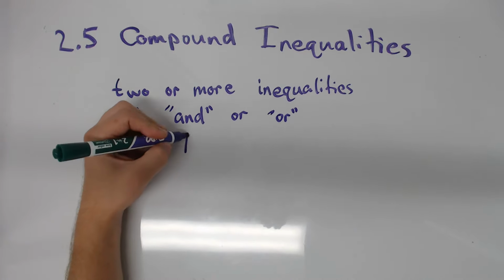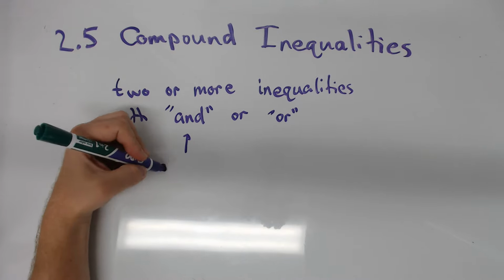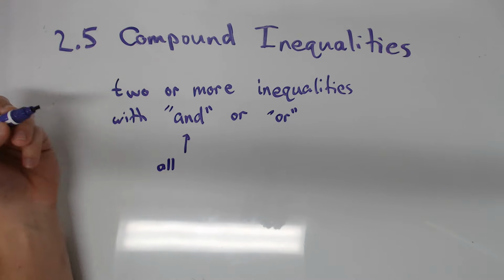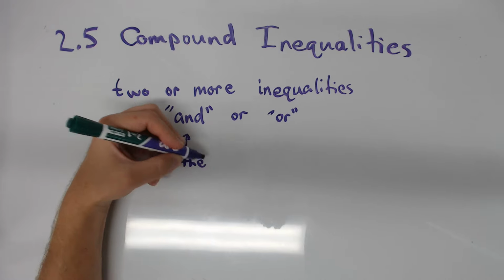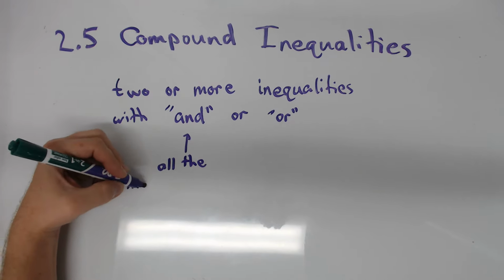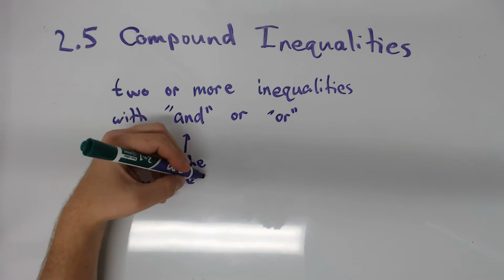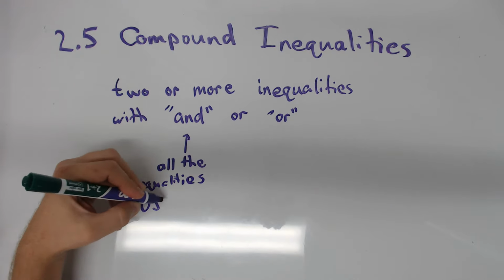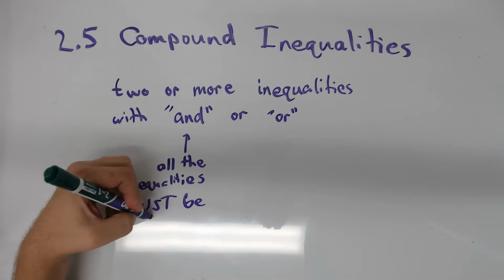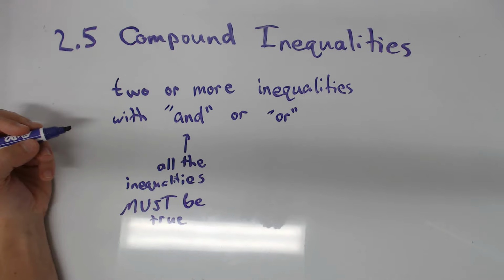Okay, so and means all, usually just both, usually just two. All the inequalities must be true for us to have a solution.